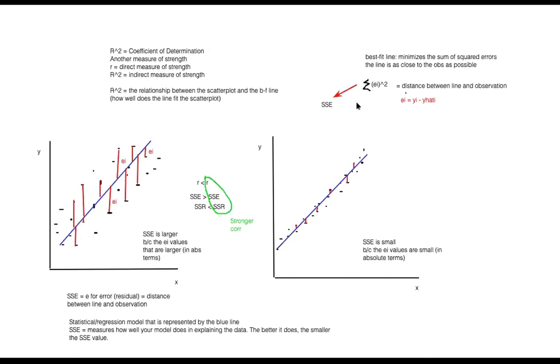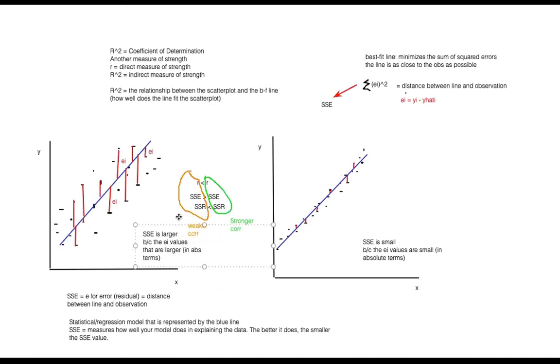So now here you have everything that is indicative of a weaker correlation. It is because of smaller r that you end up with a large SSE and a small SSR relative to the right-hand side. These are indicative of a weaker correlation.